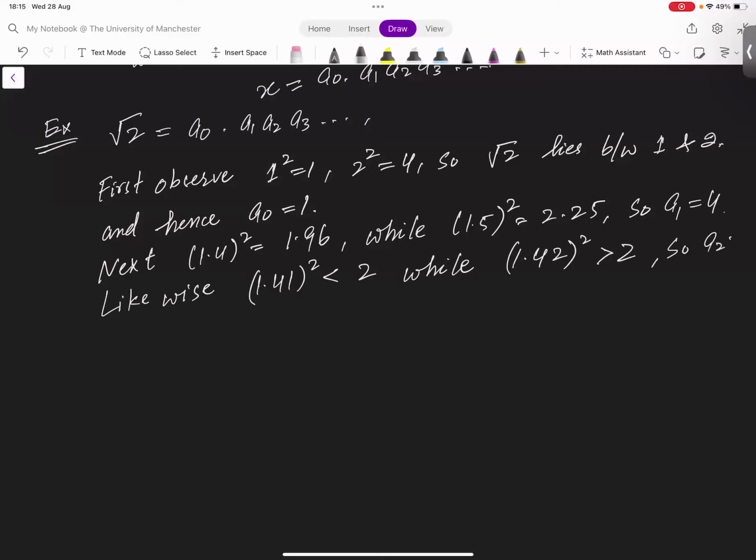So a2 is 1. We can continue finding decimal digits in this way until we get really fed up, and you can show that root 2 is 1.41, and so on.